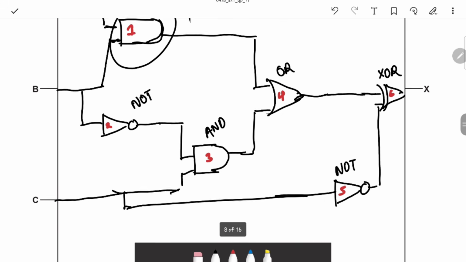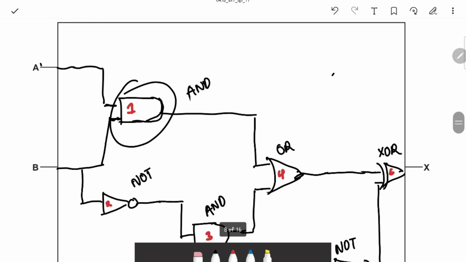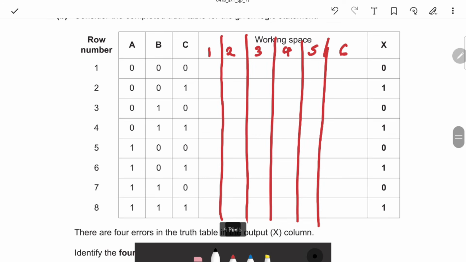Number 1 is an AND gate, and A and B are the inputs. AND gate is multiplication, so I'm going to multiply A and B. So 0, 0, 0, 0, 0, 0, 1, 1, because 1 times 1 is 1.